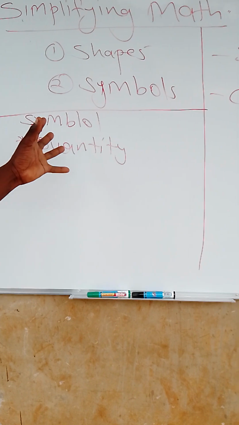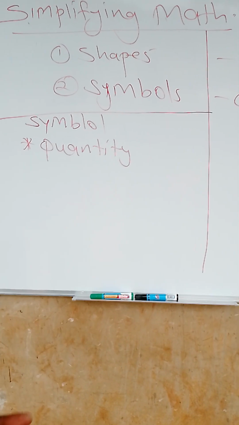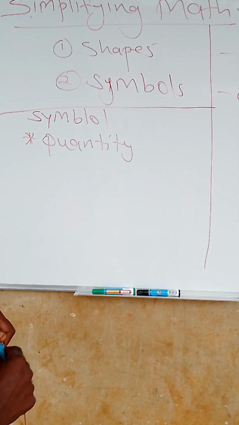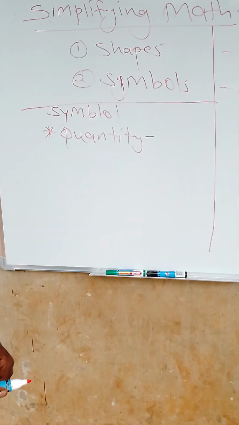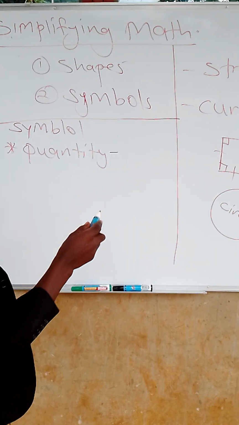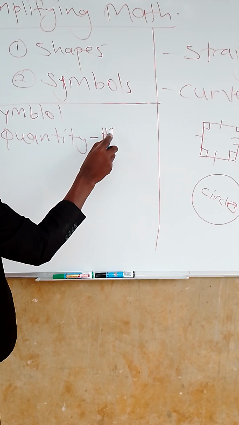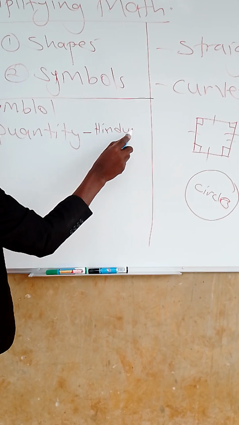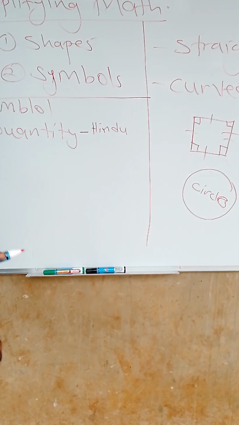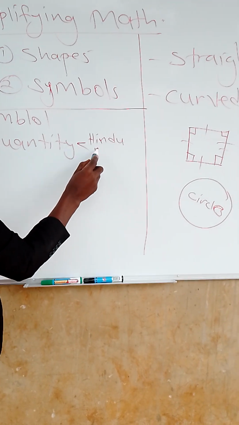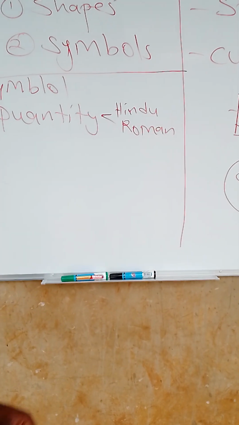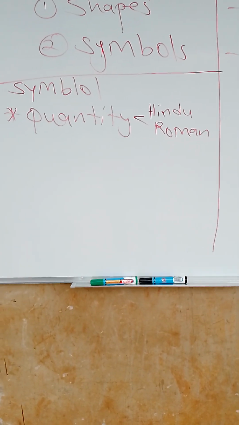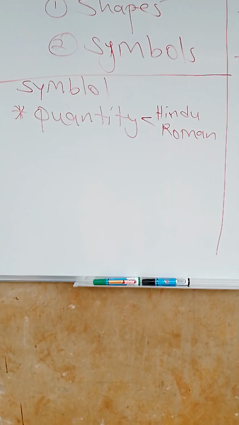So what is a number? A number is a symbol that shows quantity. We have two kinds of recognized ways of writing numerals: Hindu-Arabic numerals and Roman numerals. The numerals are symbols.